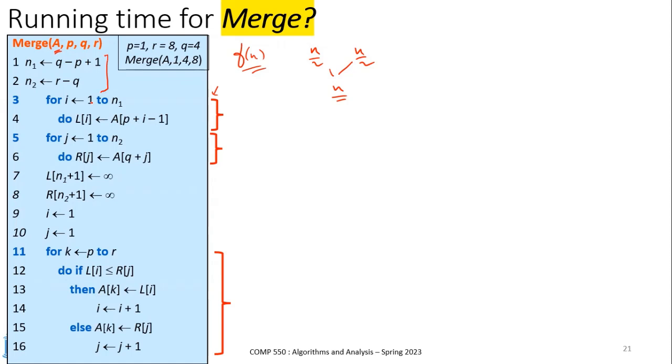That should be fairly obvious by now, those are going to take constant time, they don't depend on n at all. What about this? We're going through a loop from 1 through n1, and we're essentially copying the big array into small temporary arrays. So can somebody give me an expression for each one of these? Yes.